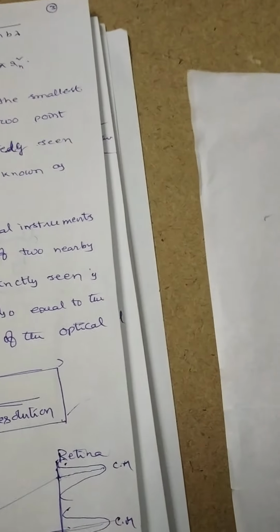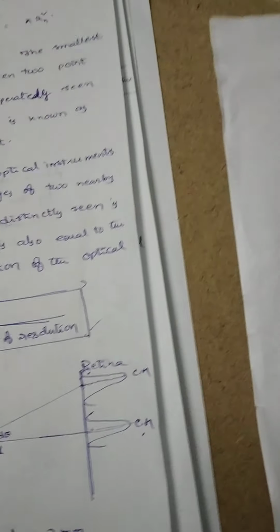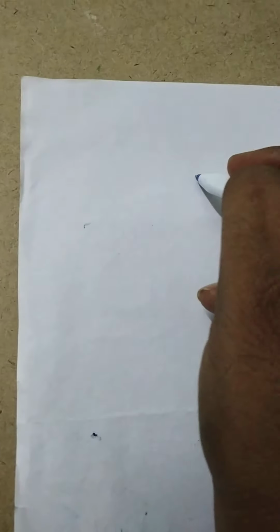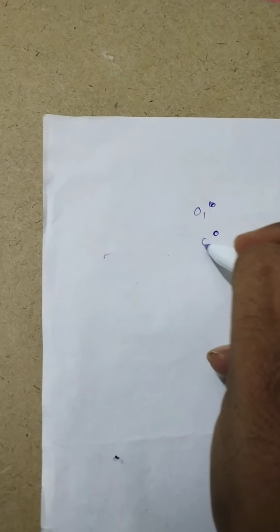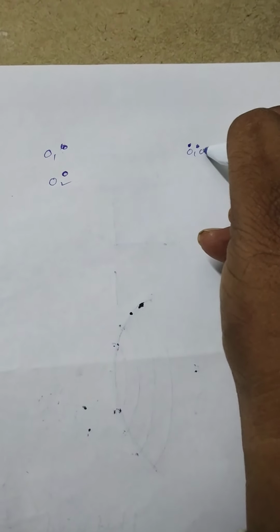So limit of resolution means the smallest linear or angular separation between two point objects. Suppose O1 and O2 are the two point objects.